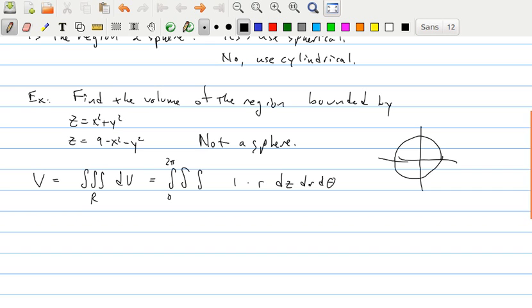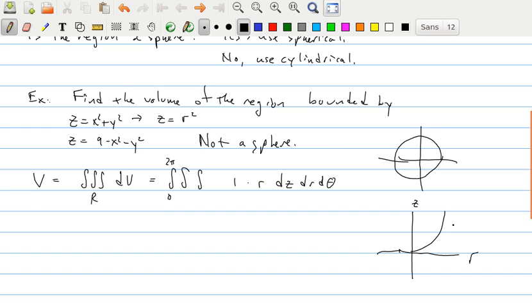The r is a little bit trickier. We want to see where these two surfaces intersect. If we look at r versus z here, the first equation says z equals r squared, so that looks like a parabola.